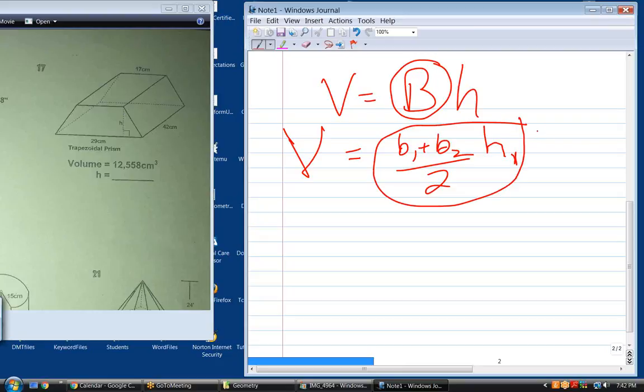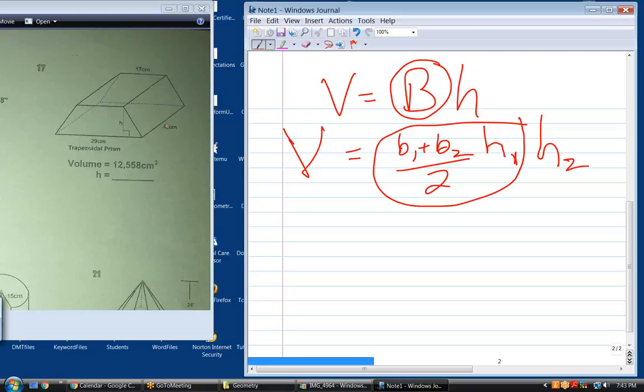And we're going to multiply it by a different h, because this h here is that h right there. The second h, h2, is this distance between the two trapezoids, which is 42.